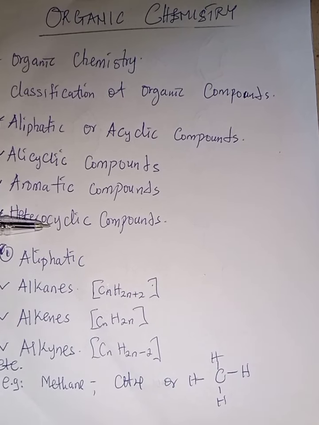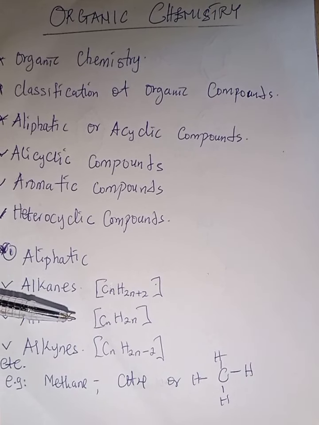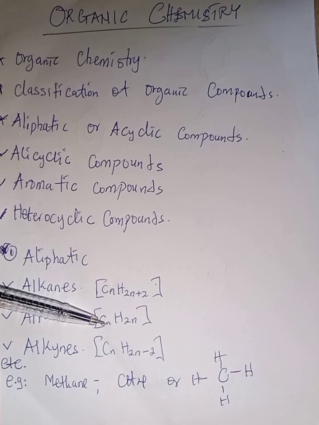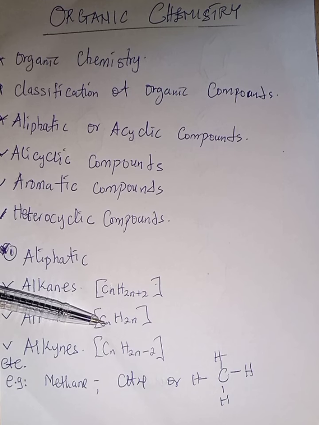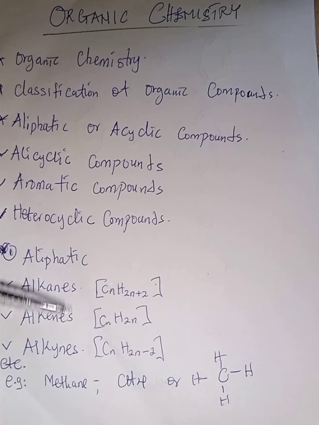We are supposed to have methene, but because of the complexity of that compound, we don't use it. So n for alkenes starts from 2, not 1. So when n is 2, we have what we call ethene, the simplest member of the alkene series.